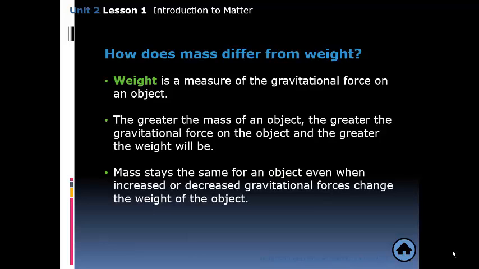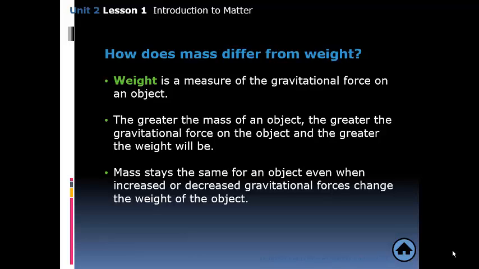Mass stays the same for an object, even when increased or decreased gravitational forces change the weight of the object. So for example, if you go to the moon, gravity's less there. Gravity's going to be pulling on your mass less. If you were to weigh yourself on the moon, your weight would be less. However, your mass would still be exactly the same.